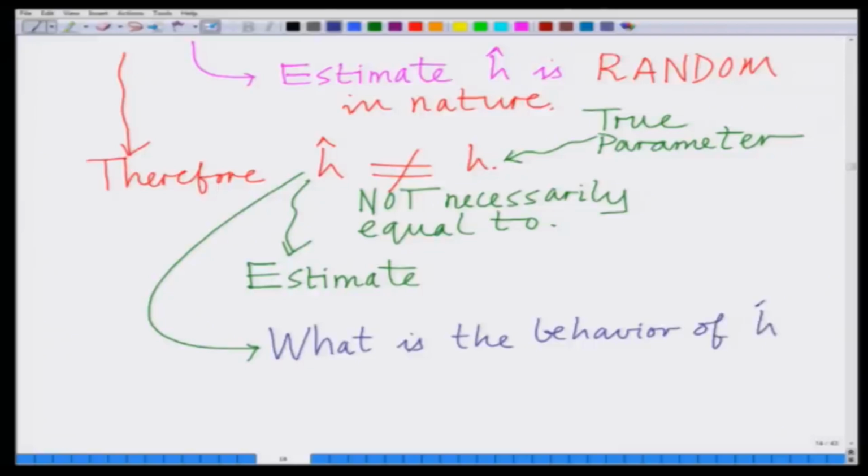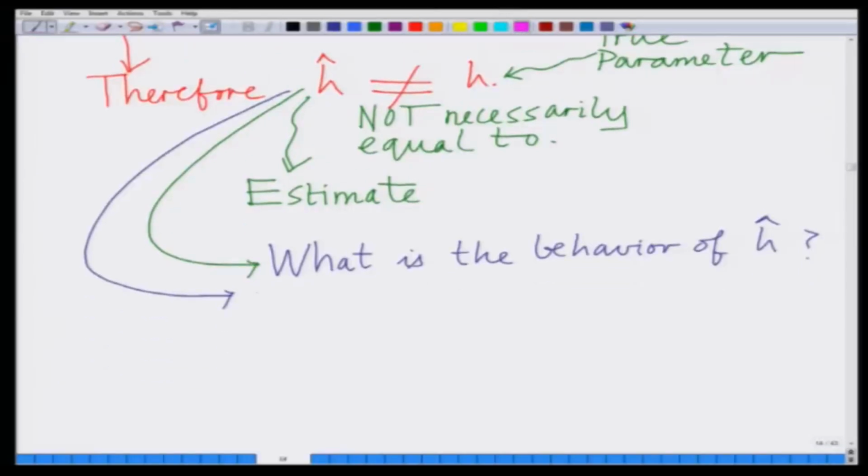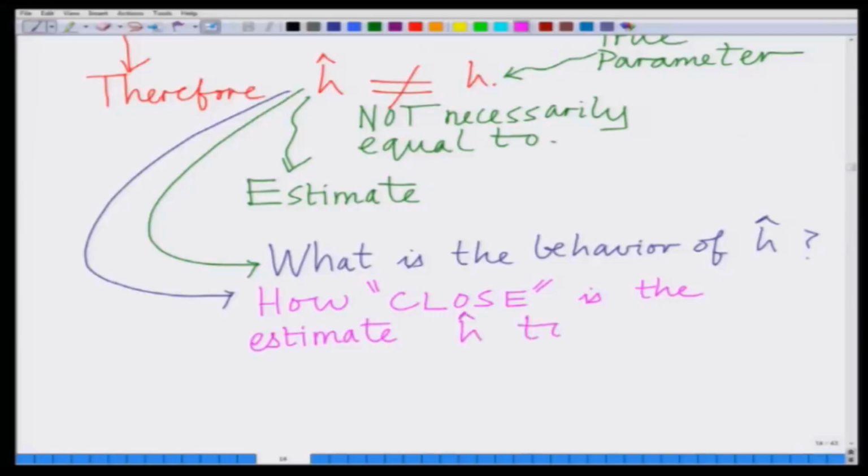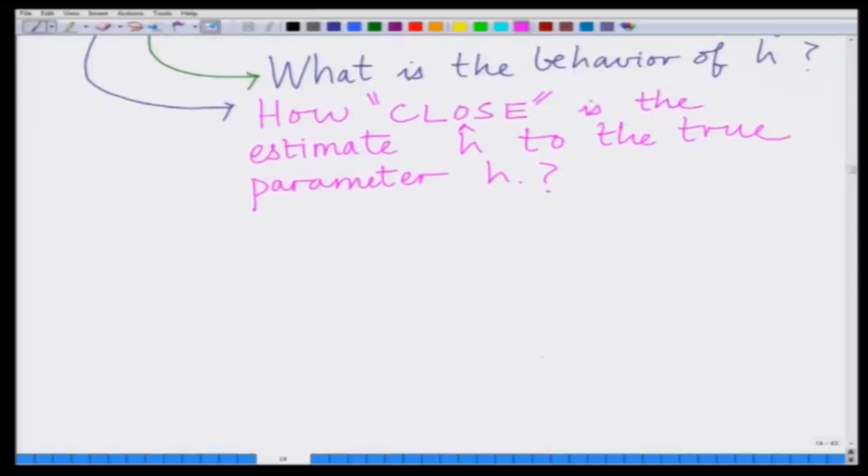In some sense we want to address this important question: how close is this estimate h hat to the true parameter h?